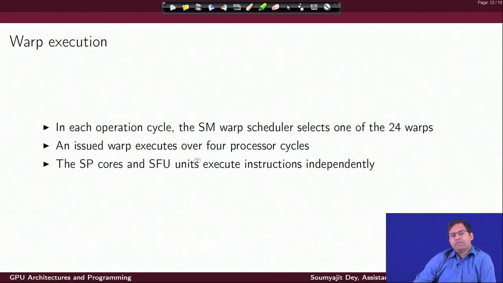An issued warp executes over 4 processor cycles. The SP cores and SFU units execute instructions independently. Of course, the SP cores have the scalar multiply and add units, 8 of them, and there are 2 SFU units in each SM, which contain in total 8 floating point multiply and add units. So, they are operating independently.